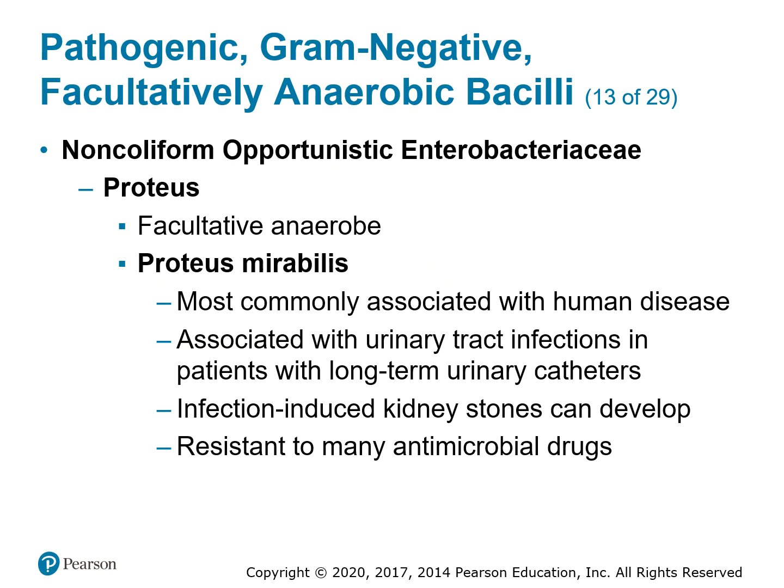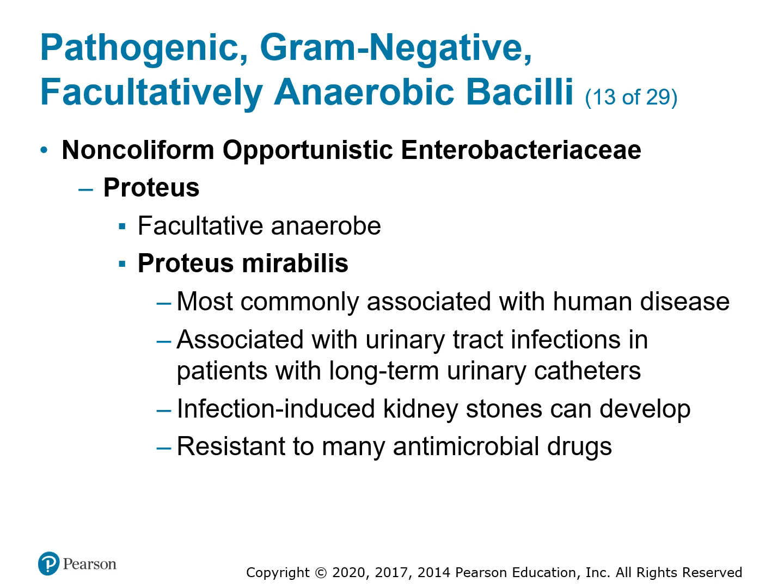So one in particular we talk about is Proteus. It is a facultative anaerobe, and we'll talk about specifically Proteus mirabilis. This is the one most commonly associated with human disease. It's associated with urinary tract infections in patients that have long-term urinary catheters.